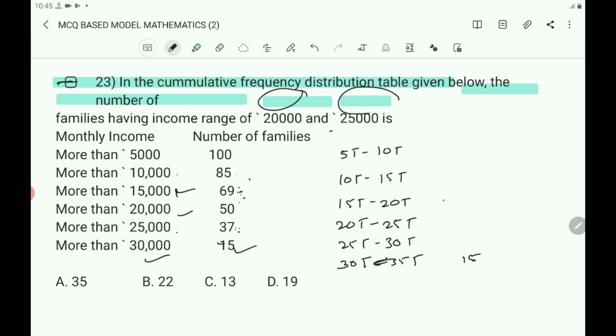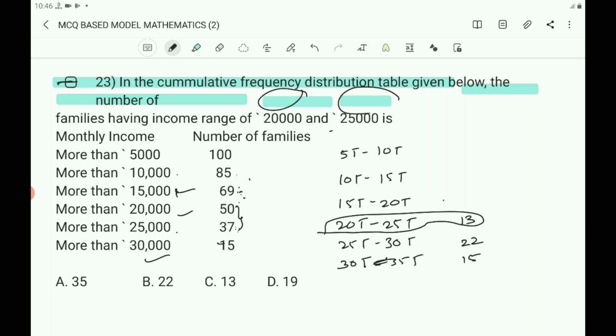Then you start from here. This is 15. Next 37 minus 15, that is 22. Then 50 minus 37, you will get 13. Here we have to find the number of families in the income range of 20,000 to 25,000.